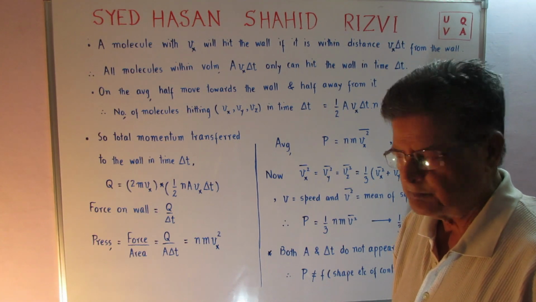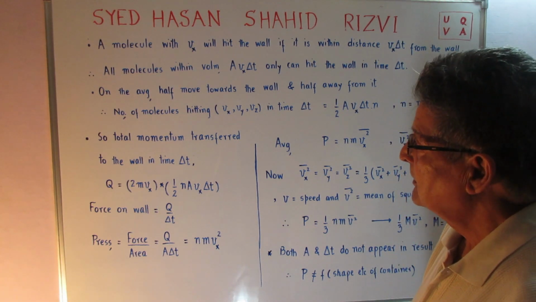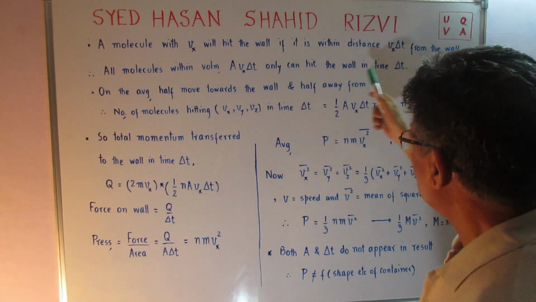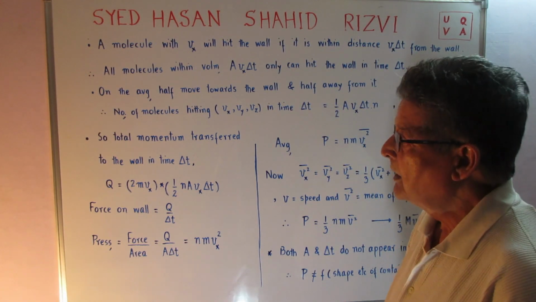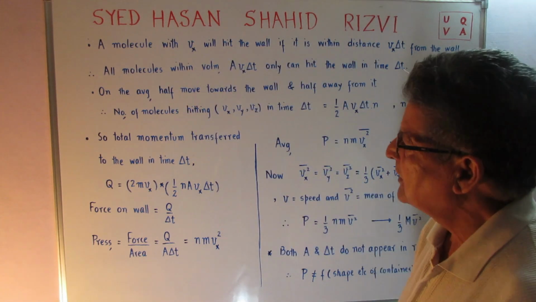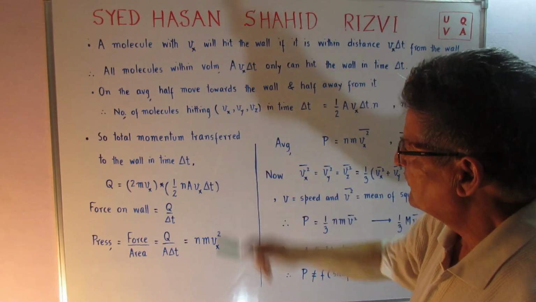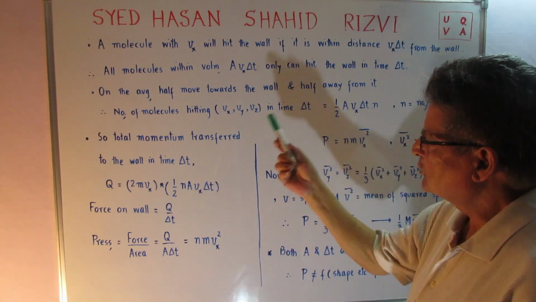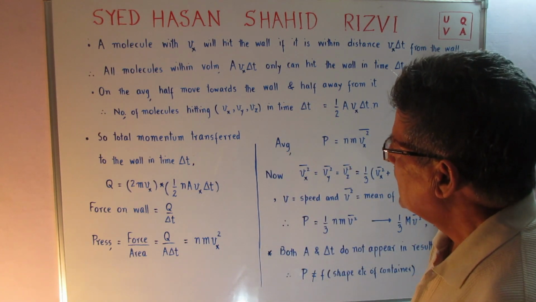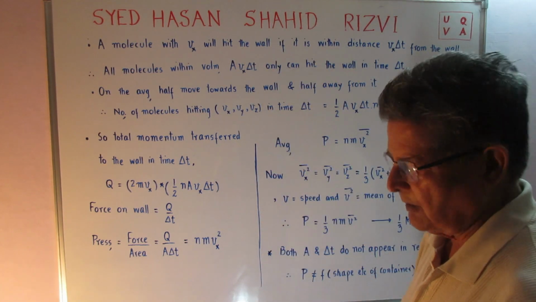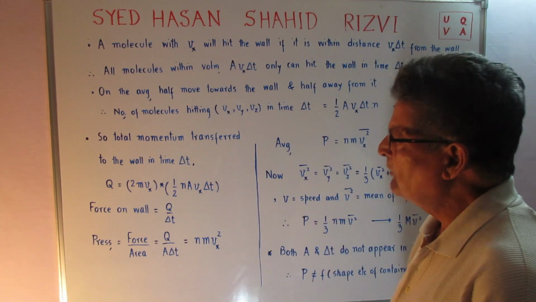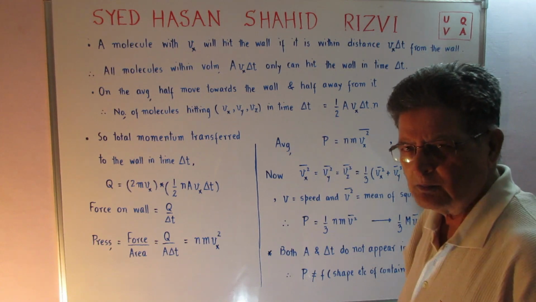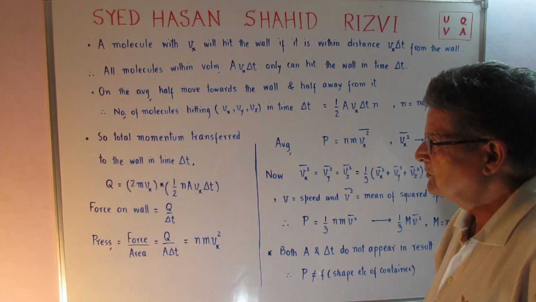Okay, they can hit. But provided all of them are moving in the same direction, which cannot be true. On the average, half of the total molecules move towards the wall, and the other half will move away from the wall. It's very simple, logical.